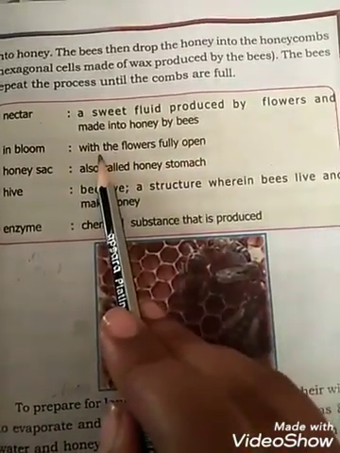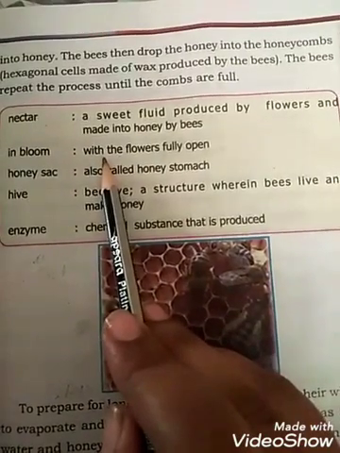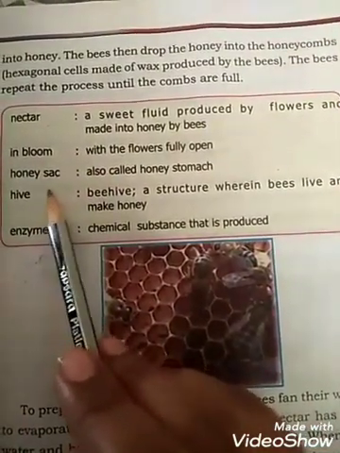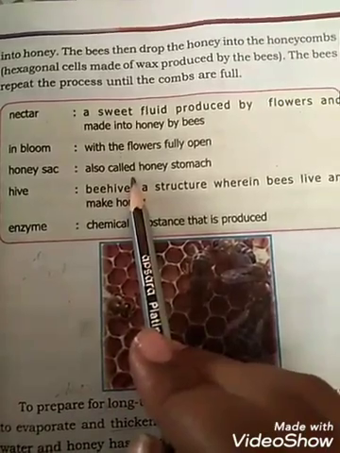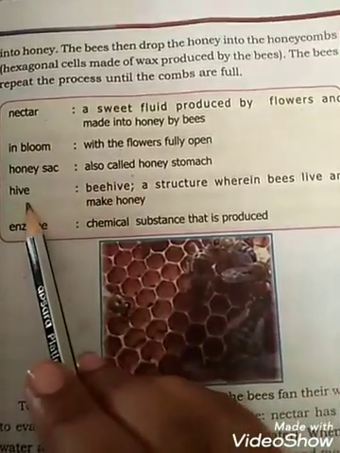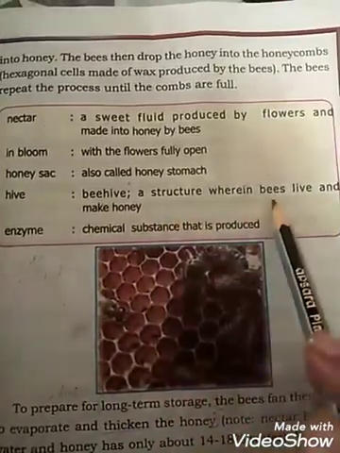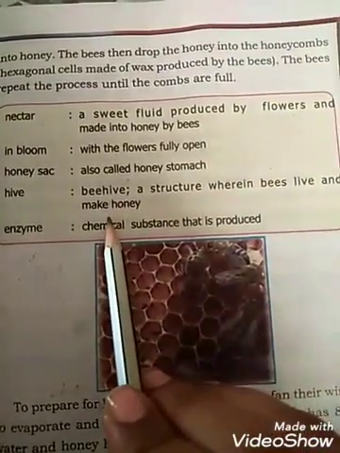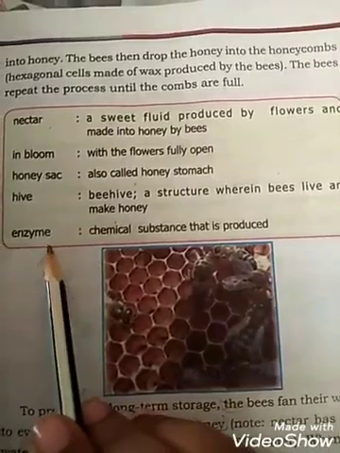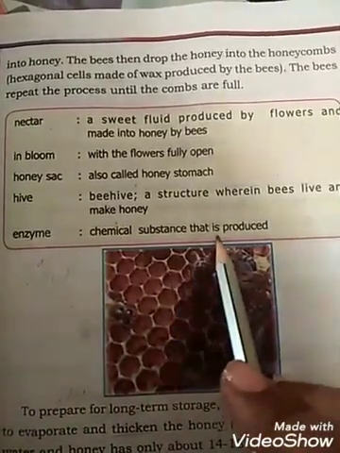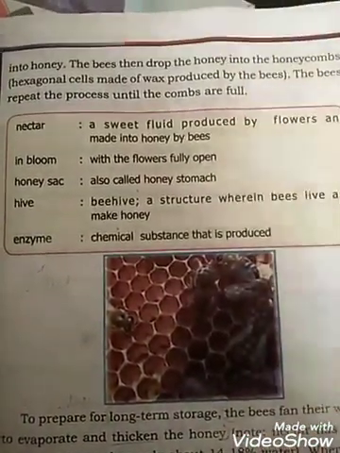Where you can see the flowers fully open, it's a bloom. Honey sac is also called a honey stomach. Next is hive. It's a beehive, a structure wherein bees live and make honey. Enzyme, chemical substance that is produced.